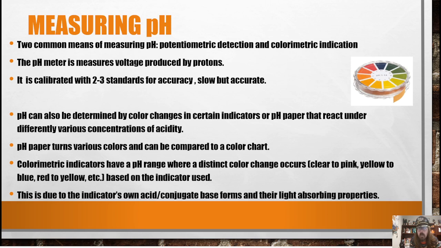There's two key ways we typically use. The one way is potentiometric detection, and the other one is colorimetric indication. Potentiometric detection uses a pH meter. It measures a voltage created by a differential in proton concentration.